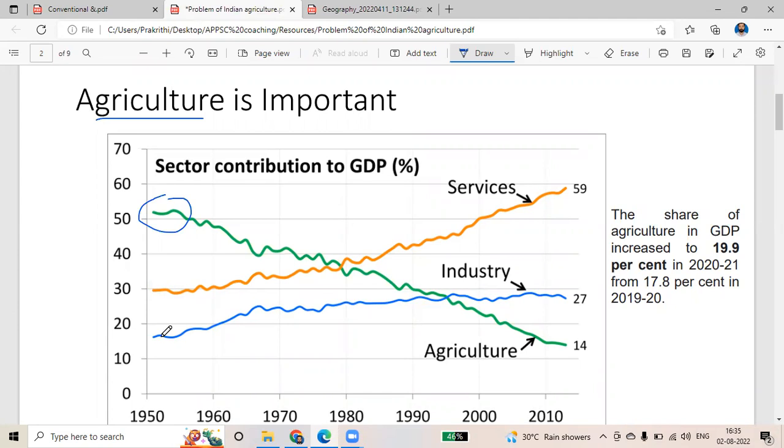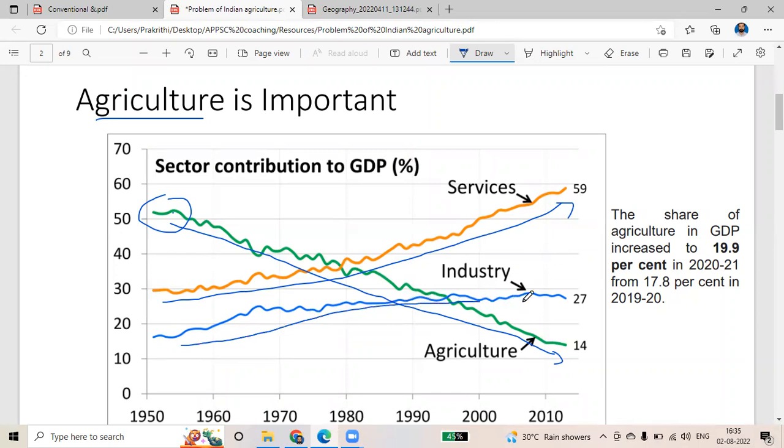But slowly, dependency on agriculture started decreasing and came down. And dependency on the service sector increased. Along with that, there is a slow increase in the dependency on the secondary sector as well. This is what happened to Indian agriculture.